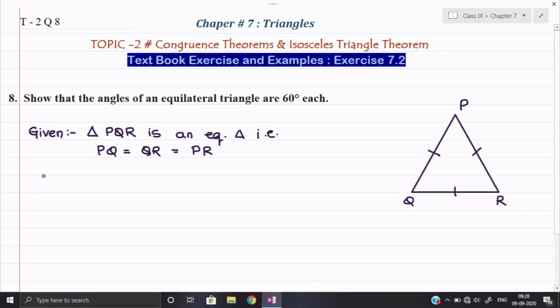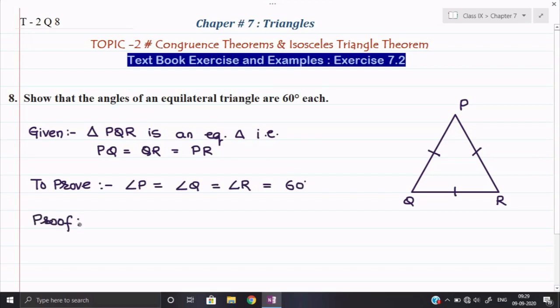Okay, PQ, QR and PR are equal. What we need to prove here, that we will write down. We need to prove that angle P is equal to angle Q is equal to angle R. All three angles are equal, and what is the value equal to them? 60 degree. So let us start the proof over here.